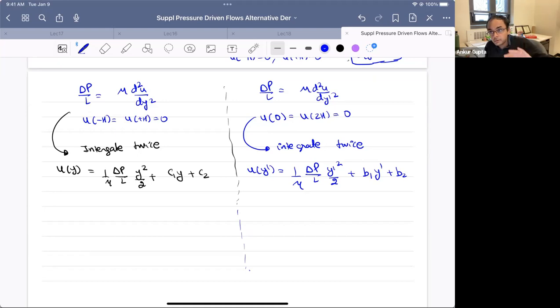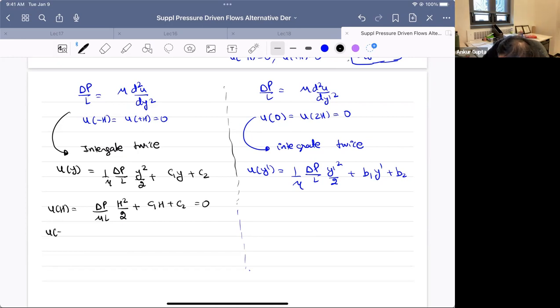Now I'll apply the boundary conditions on both of them side by side. So hopefully you can see how to go about this. If I do u of capital H, it is delta p by mu L into h square by 2 plus c1 h plus c2 equal to 0, right? That is my one boundary condition.